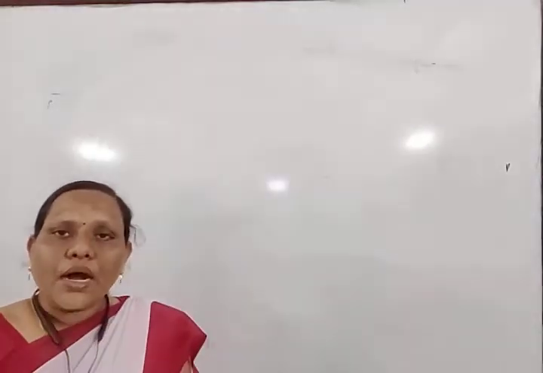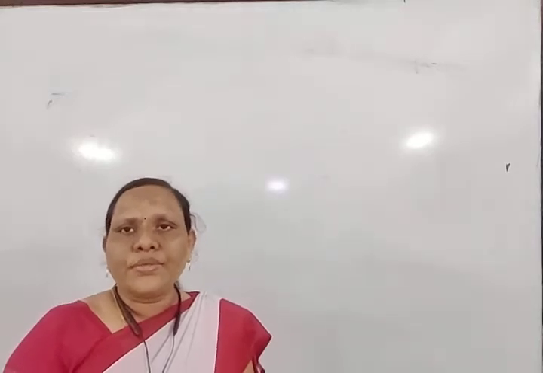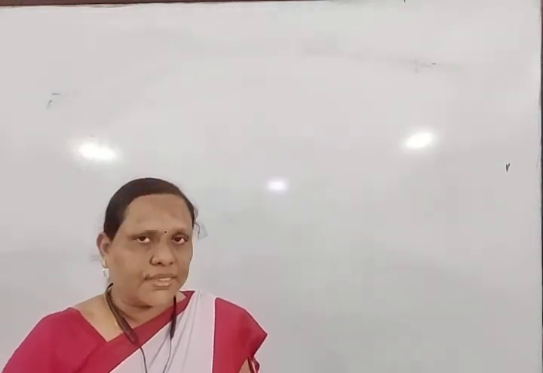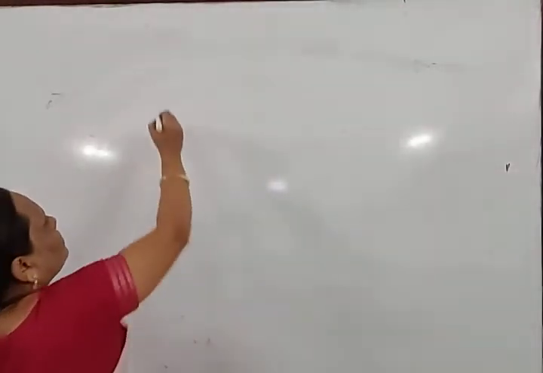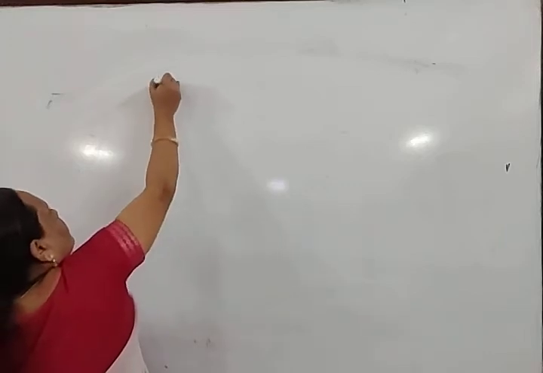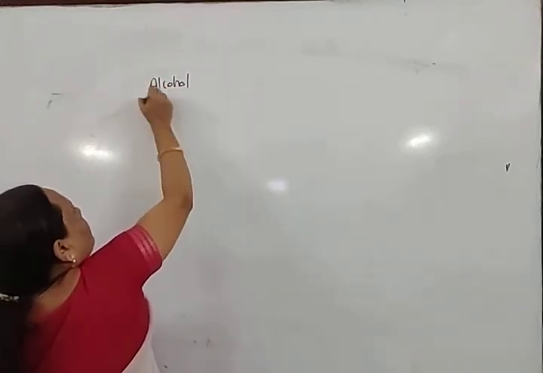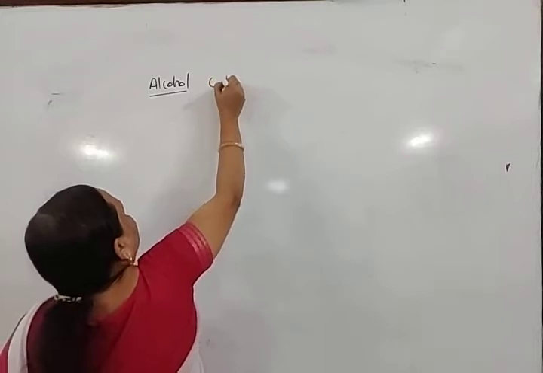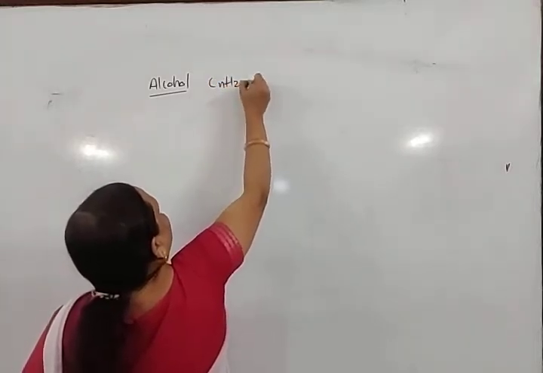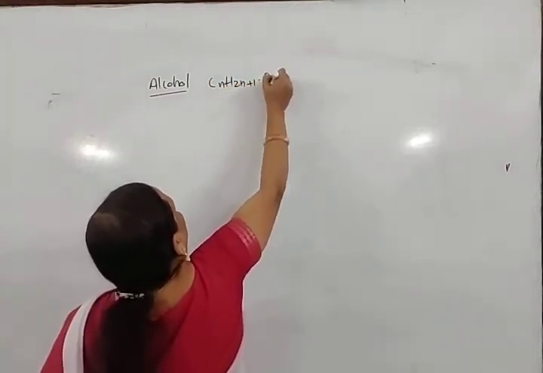Now let's come to how to name the compounds which contain some functional groups. For example, alcohol has the general formula CnH2n+1 OH.